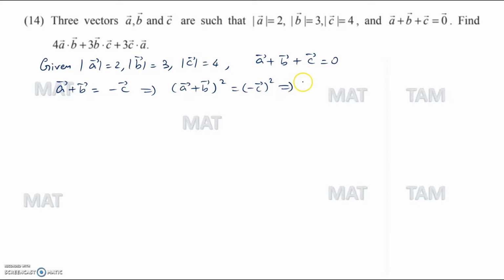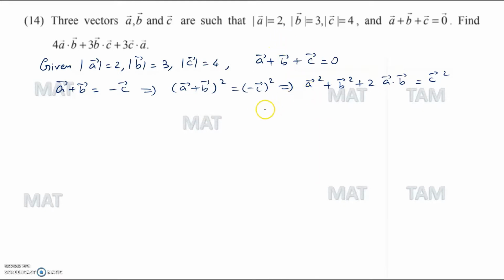Further, this can be written as vector A squared plus vector B squared plus 2 times of magnitude of A into B, dot product of A vector with B vector is equal to vector C squared. So replacing, because the vector A squared is nothing but the magnitude of vector A squared.